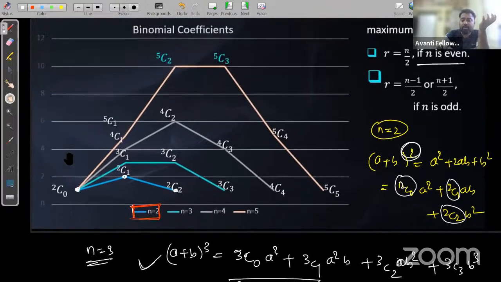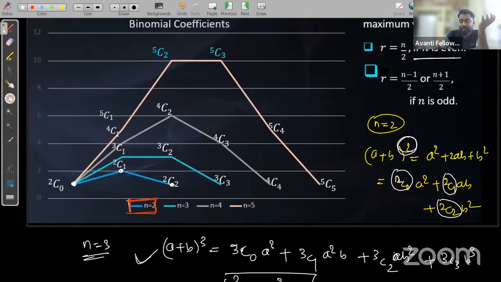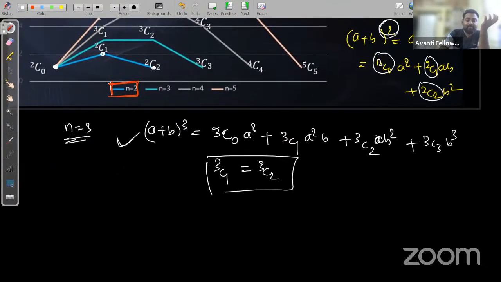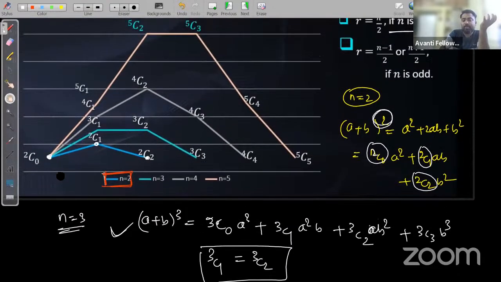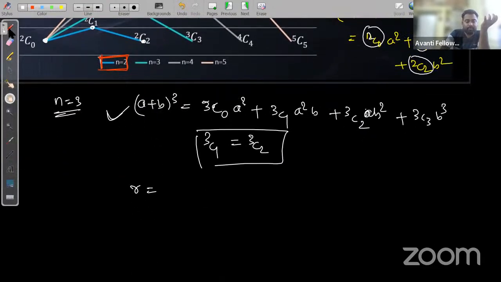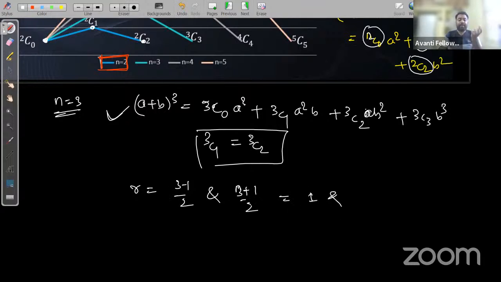When n is odd, r becomes n minus 1 by 2 and n plus 1 by 2, that is 3 minus 1 by 2 and 3 plus 1 by 2. So r becomes 2 by 2, that is 1, and 4 by 2, that is 2.